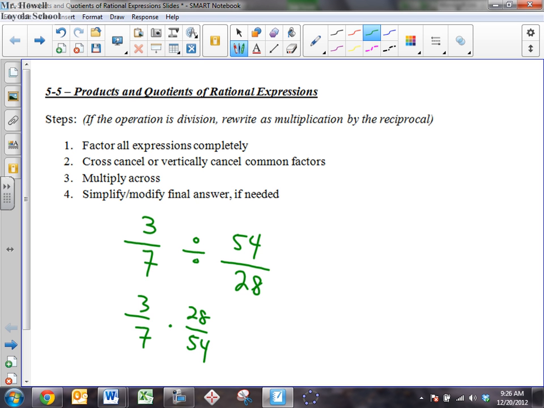You're thinking too much. Just halve them: 27 and 14. So rewrite this now as 3 over 7 times 14 over 27.